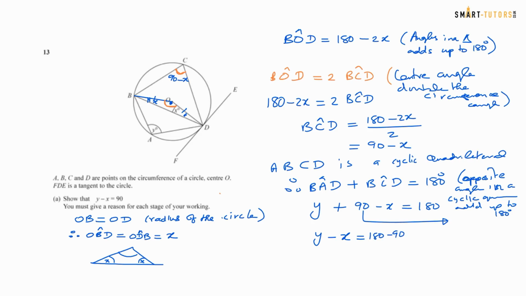So BAD is y plus BCD is 90 minus x equals 180. Take the 90 to the other side. So you get y minus x equals 180 minus 90, which is the answer they're asking, y minus x equals 90. I'm sure this is a 4 or 5 marker. That is our final answer.